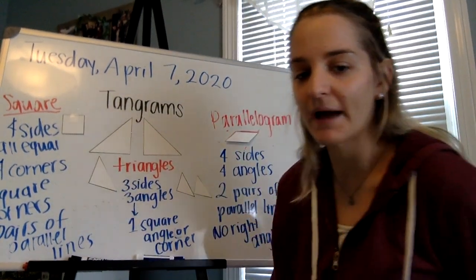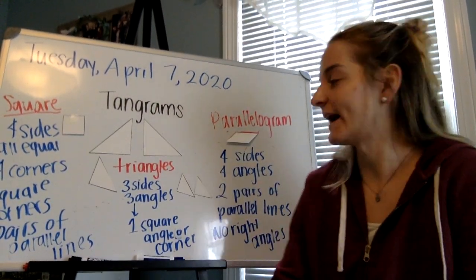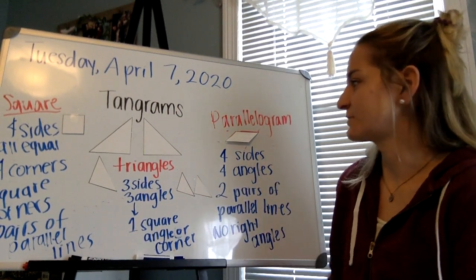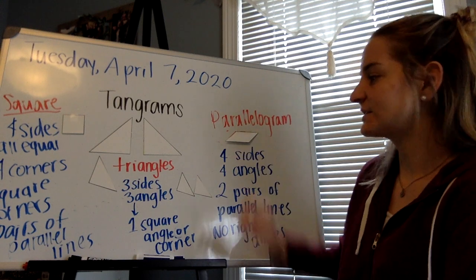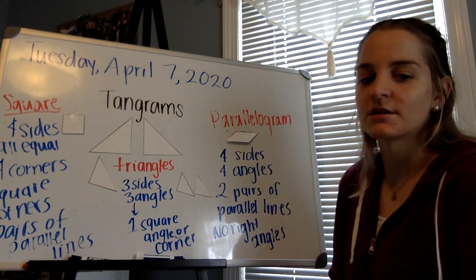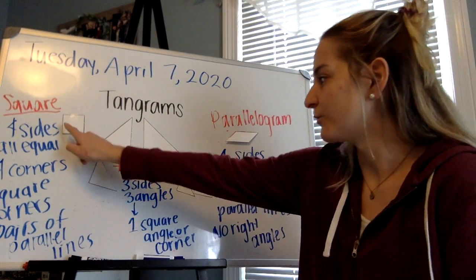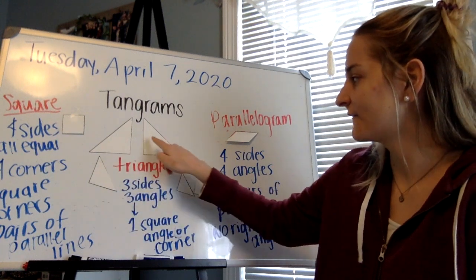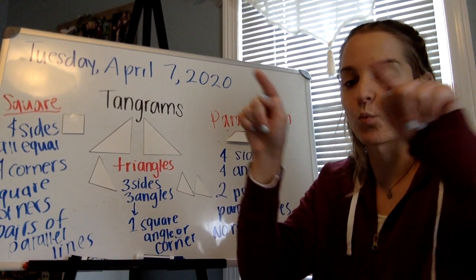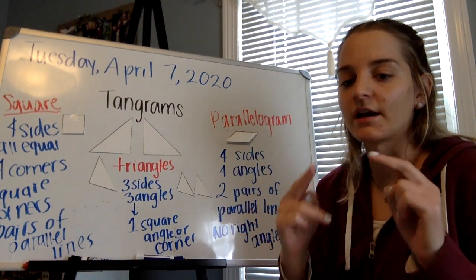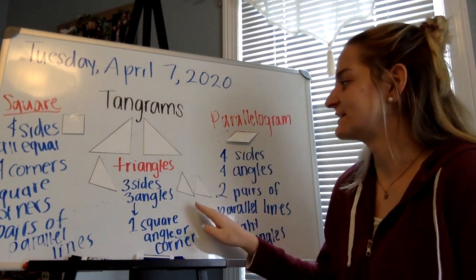So we cut up our tangrams. Now we have all of these different shapes. We have squares, triangles, and one parallelogram. All together, let's count how many shapes make up a tangram. We have 1, 2, 3, 4, 5, 6, 7 shapes. So we started with one big square, we cut it up, and now we have 7 different shapes.